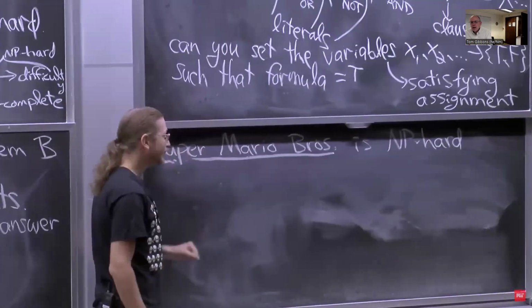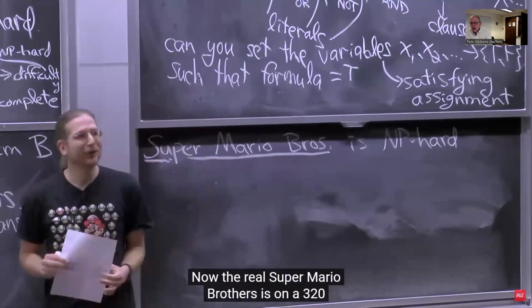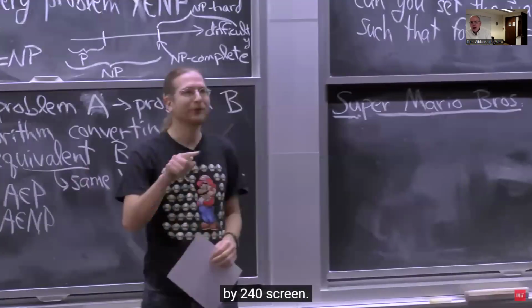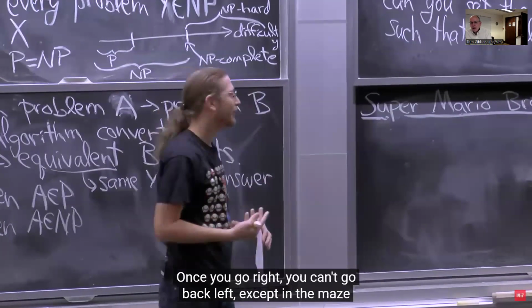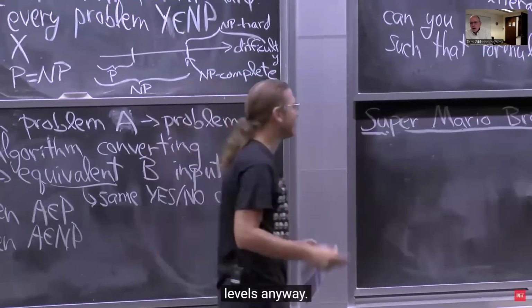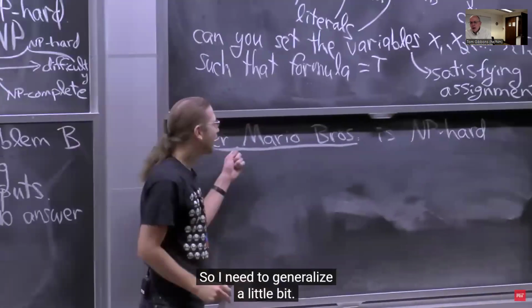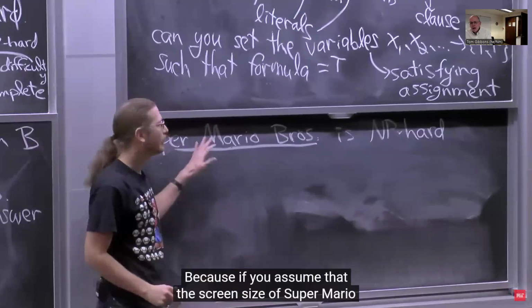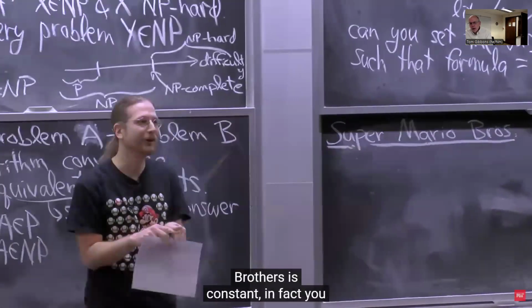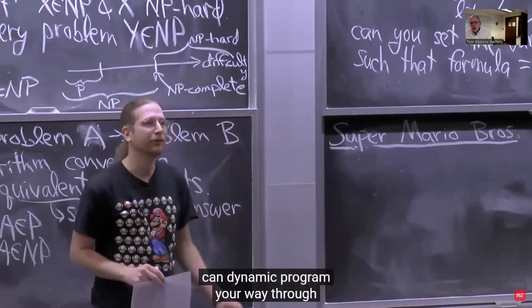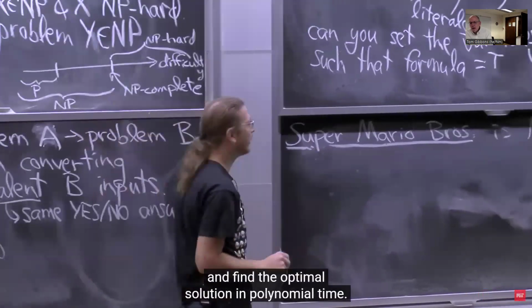Now the real Super Mario Brothers is a 320 by 240 screen. It's a little bit small. Once you go right, you can't go back left, except in the maze level. Anyway, I need to generalize a little bit, because if you assume that the screen size of Super Mario Brothers is constant, you can dynamic program your way through and find an optimal solution in polynomial time.